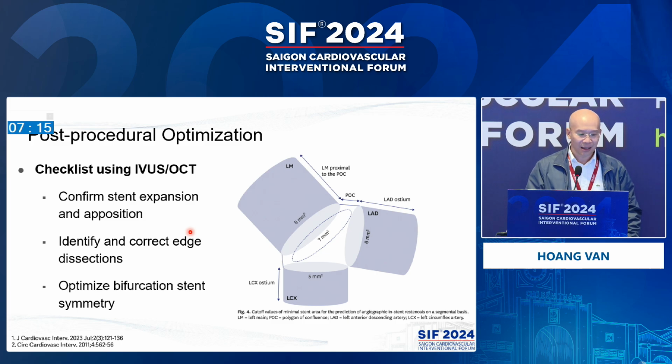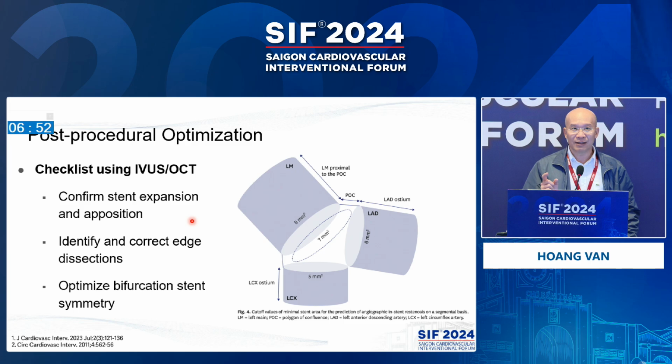The last benefit is that when we use imaging to judge after stenting, imaging can check 3 points. Point number 1 is whether the stent is fully expanded or not. Is it good expansion or not?